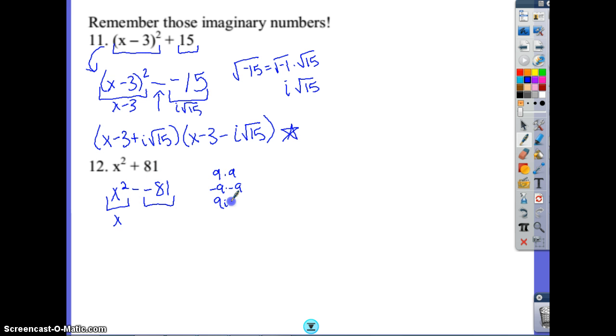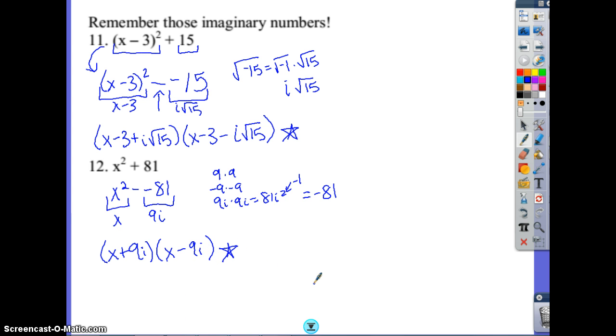If we do 9i times 9i, we get 81i squared. And remember, this i squared is equal to negative 1. So this is a negative 81. Those are the numbers that I want. So we get 9i here. And so then we rewrite it. X plus 9i and x minus 9i. And this is our final answer here.